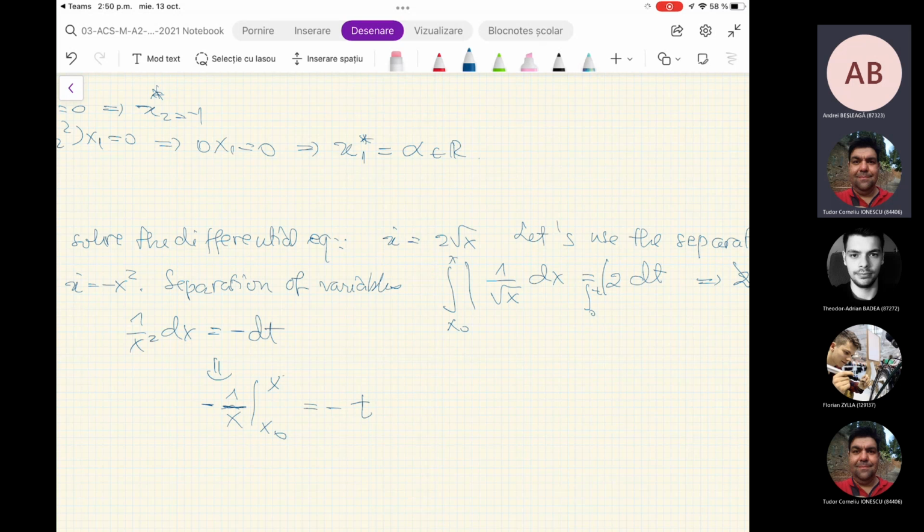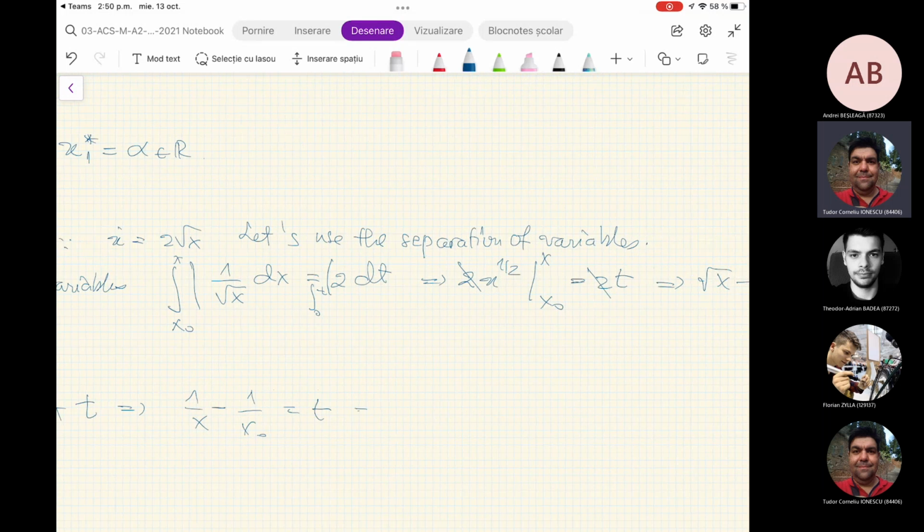Then you get minus 1 over x minus, minus 1 over x0. Oh, but the minus goes away, sorry. So it's 1 over x minus 1 over x naught equals t.